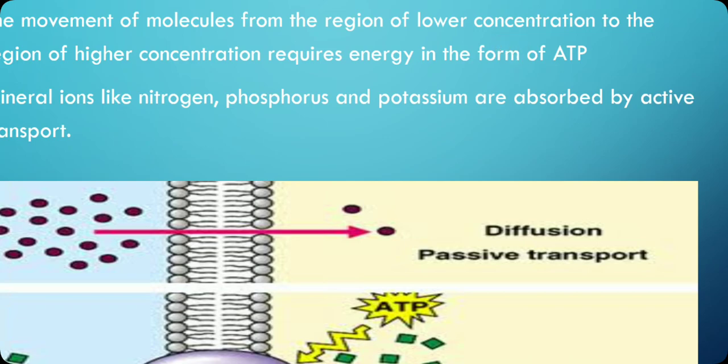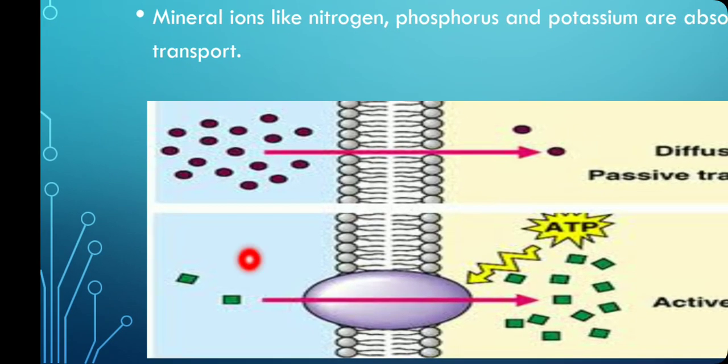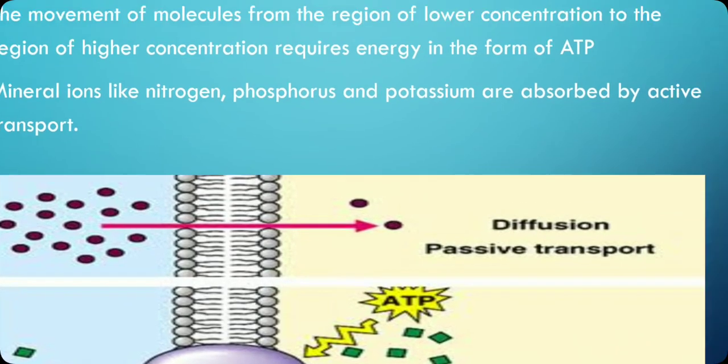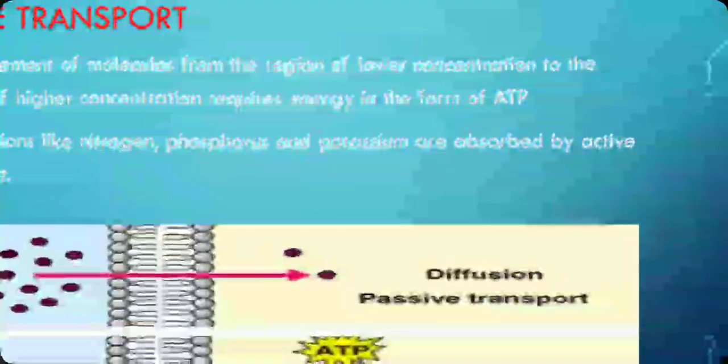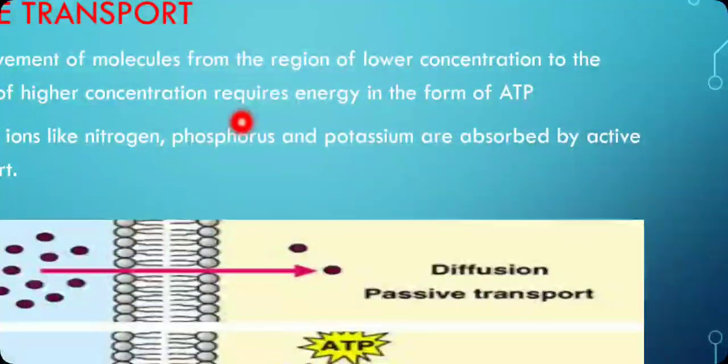Is it possible? Here you can see there is a lower level of molecules and they are transported to the higher concentration. For such a movement energy is required, and this energy is obtained by the process of respiration.